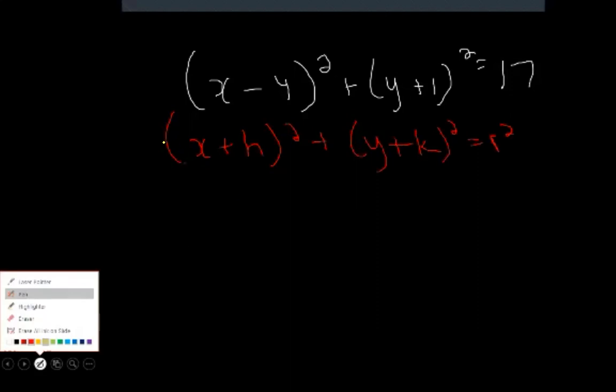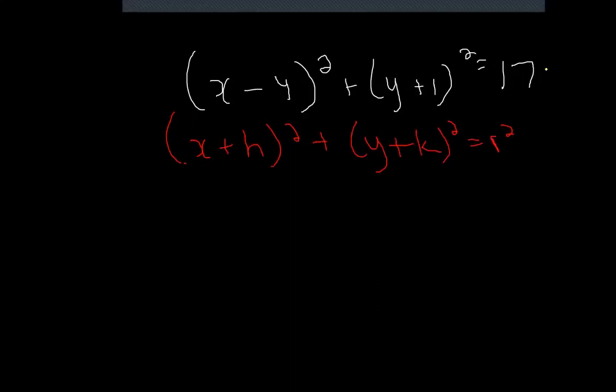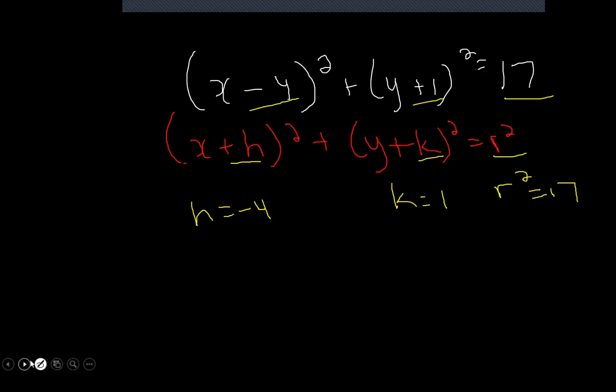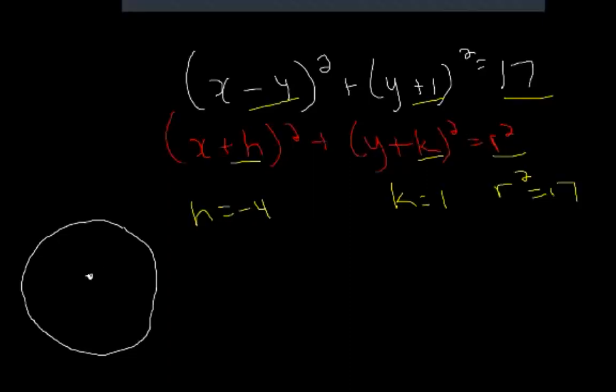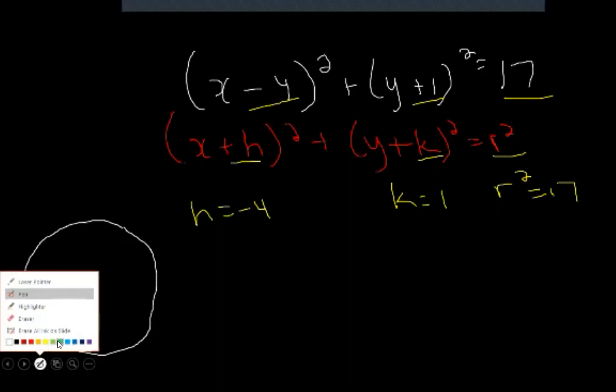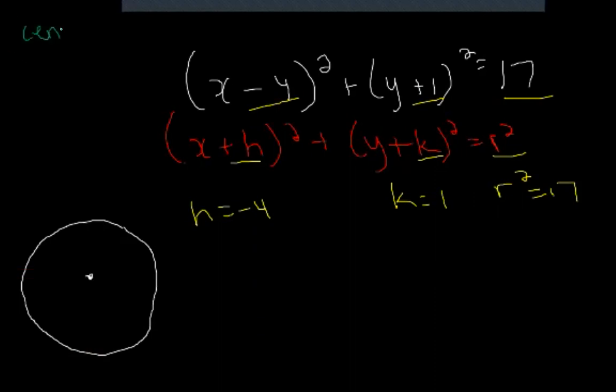Looking at the standard form, and then looking at the equation they gave us, we could say h is equal to -4, k is equal to 1, r squared is equal to 17. However, I don't know if you were here when I was explaining this, but the coordinates of the center, that's what they want you to find. They want the coordinates of the center, and then they want the radius.